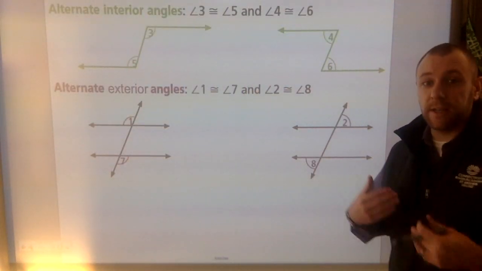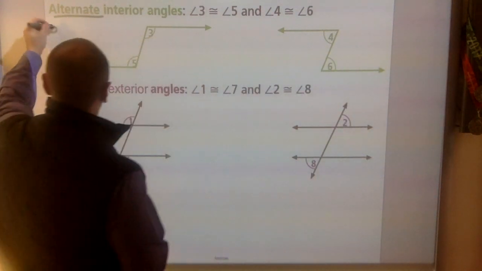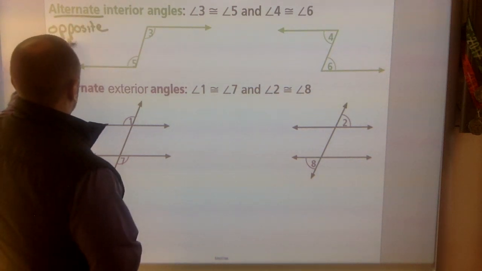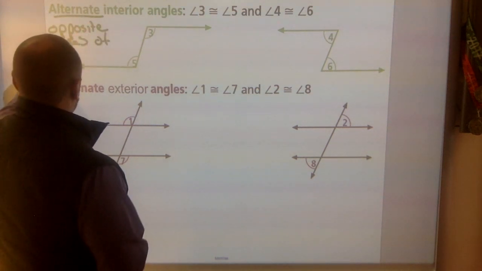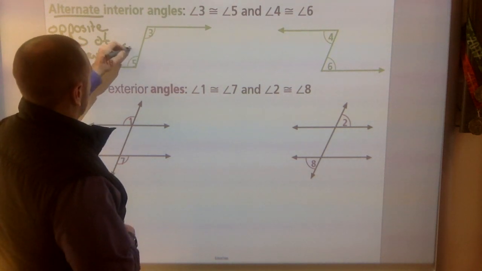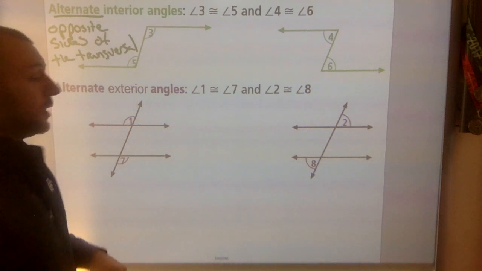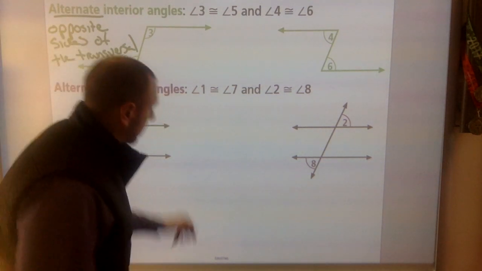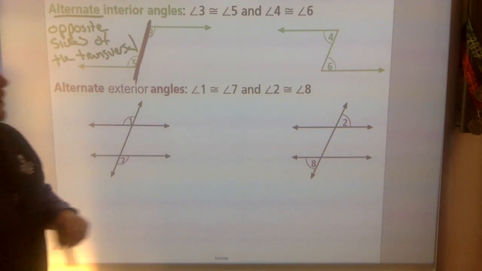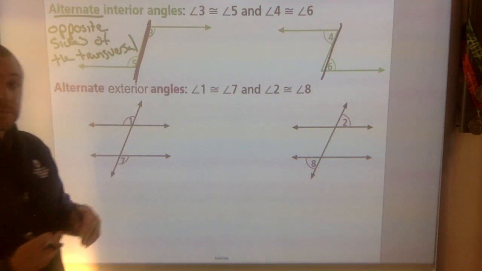Then there's alternate interior angles. Alternate means opposite sides of the transversal. Opposite sides of the transversal. So if this is my transversal again, you'll notice 3 and 5, 4 and 6, they're on opposite sides.